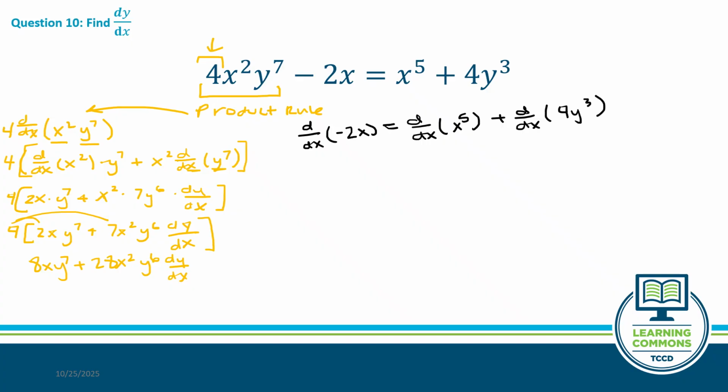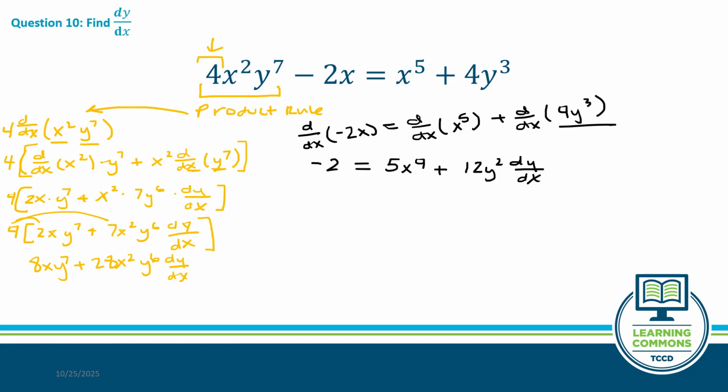Okay, so d over dx of negative 2x, that's just going to be negative 2, equals x to the 5th is going to be 5x to the 4th, that's just power rule, plus, and again, this is implicit differentiation. It's an instance of y instead of x, so it's going to be 12y squared dy dx.